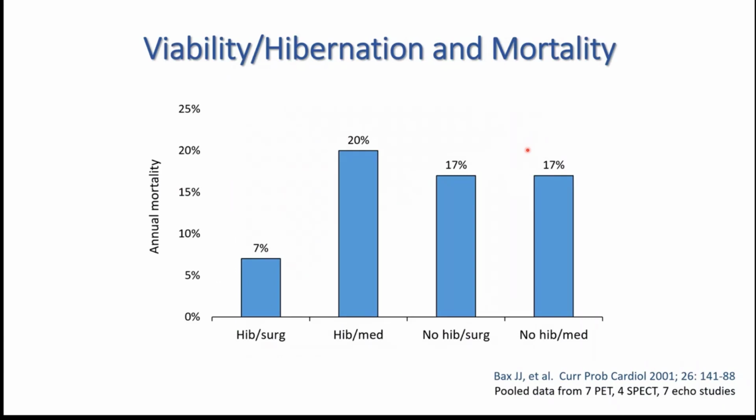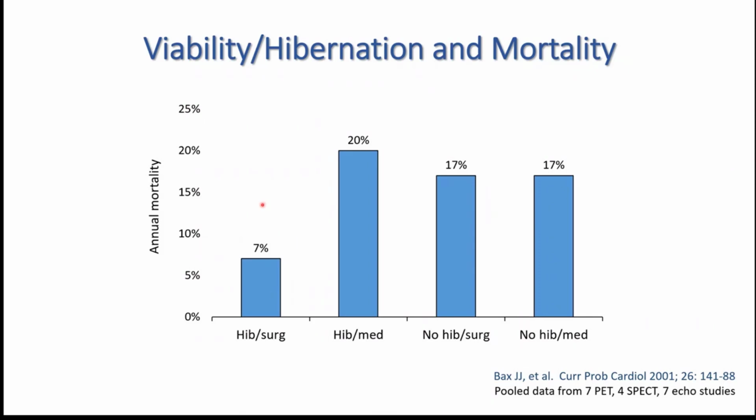Perhaps even more importantly, although less robustly in scientific terms, Jerome Bax put together a number of sort of meta-analysis, if you like, but there's a big mismatch of studies here in this meta-analysis. But looking at annual mortality of patients who had hibernation but were revascularized, left on medical therapy, or no hibernation.